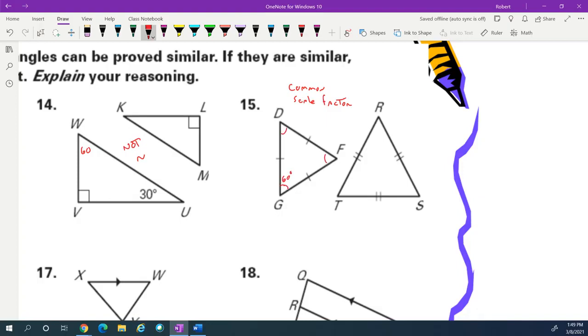All of our angles are 60, and that is true in both triangles. So we can say SSS similarity, or we can say all angles equal 60 and use AA similarity. It's whichever way we can explain it better.